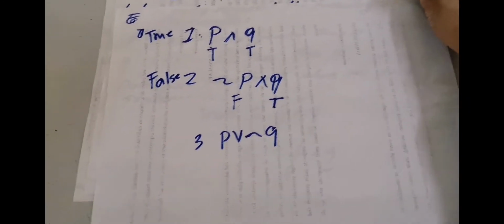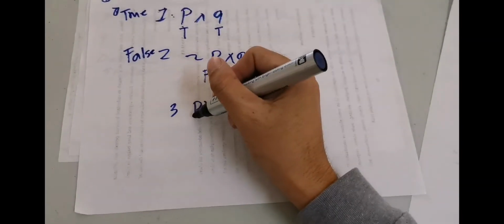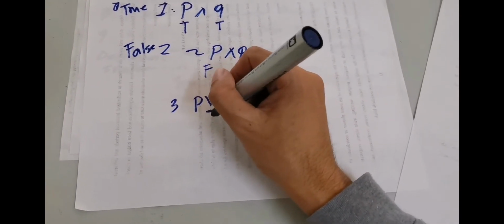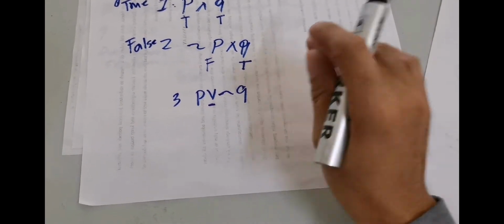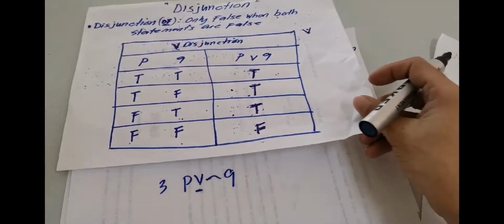So let's proceed to the problem number 3. So this statement is we are using the statement P or not Q. So nagamit niya siyang or, so which is the disjunction table. So magamit na ta ang disjunction table.